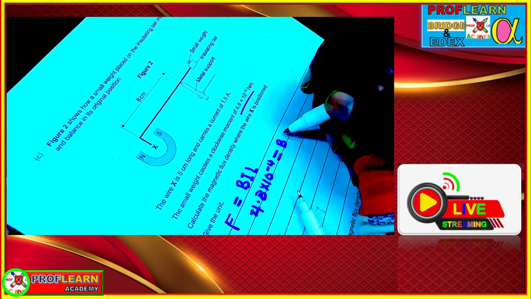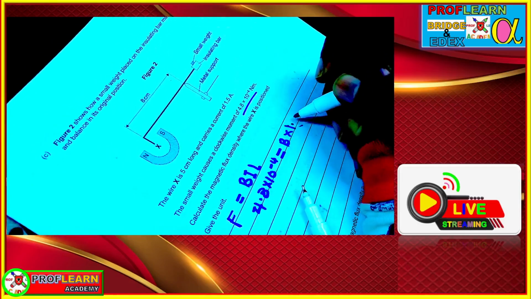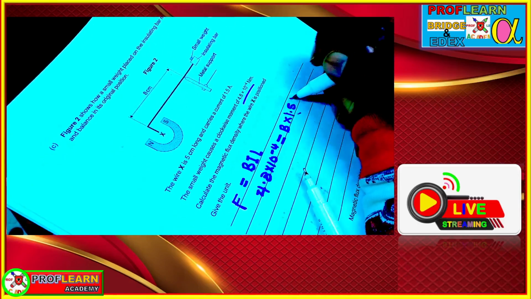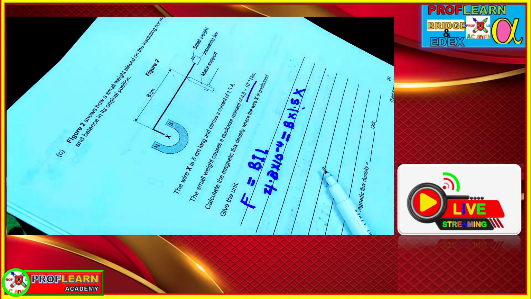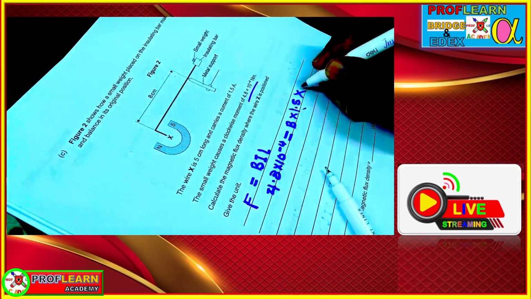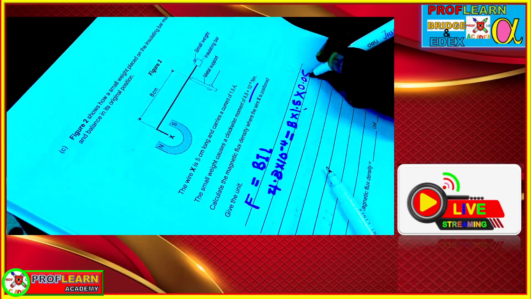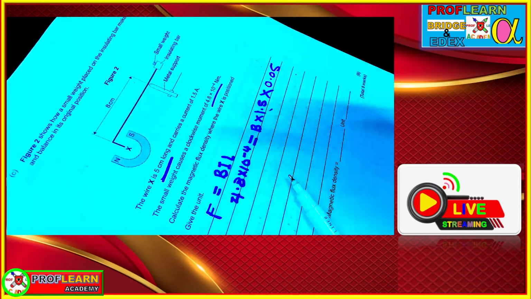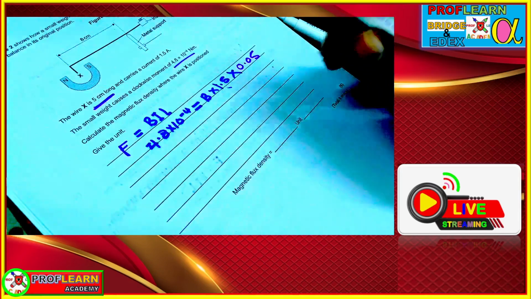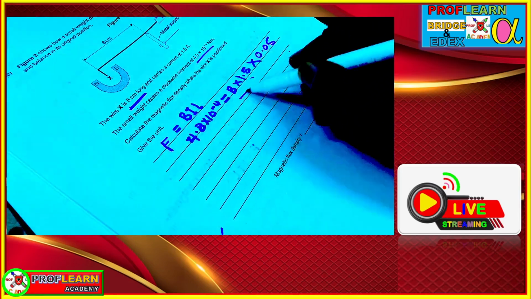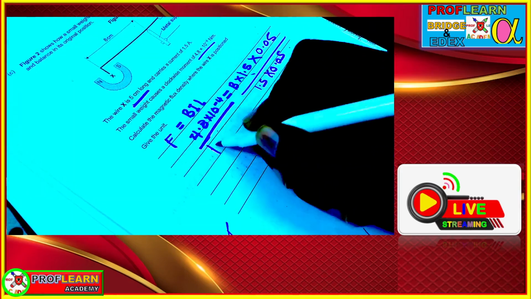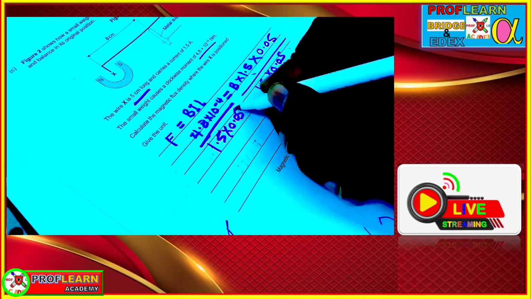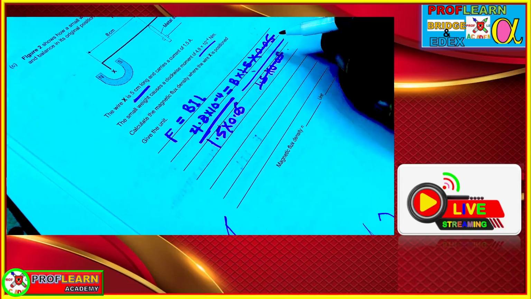The current is times 1.5, times the length of the conductor, which is 0.05, because you have to convert this to meters for you to work it out. Then we divide by 1.5 times 0.05 on both sides, so that they cancel out.